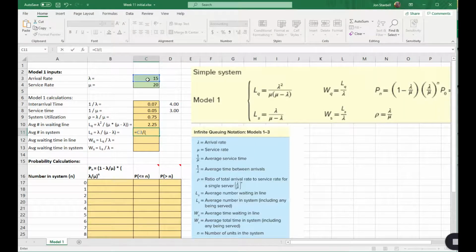Divided by this mu minus lambda. Whoops. And I'm getting 3.0. So on average, there are 3 people in the system either waiting in line or being processed. The next couple are pretty straightforward.